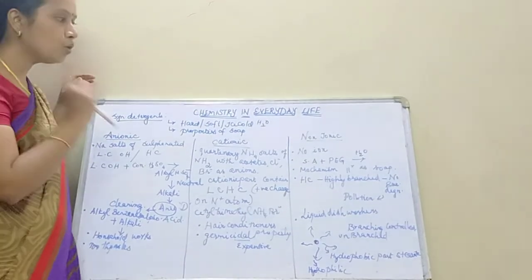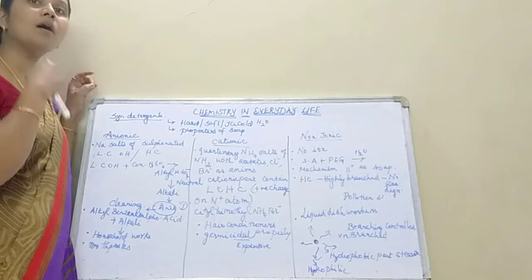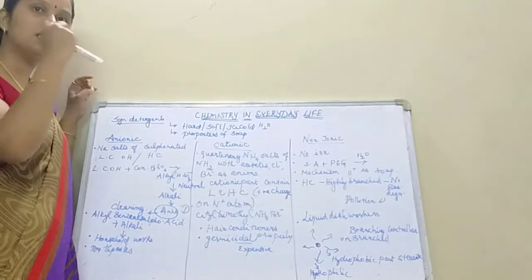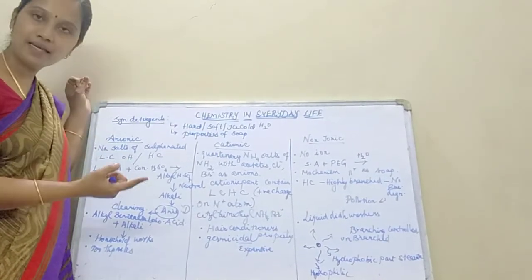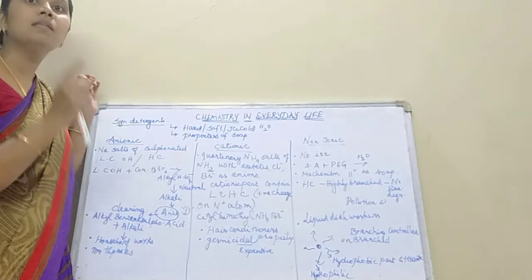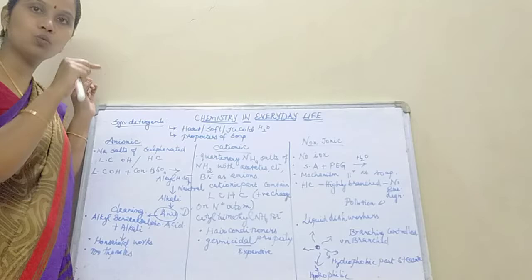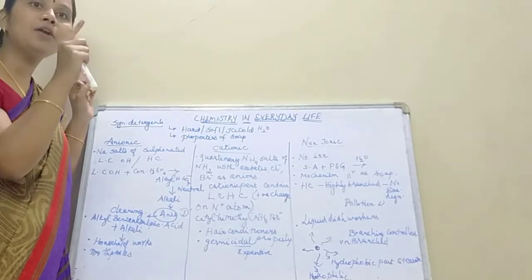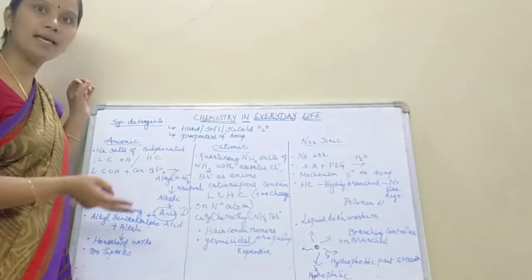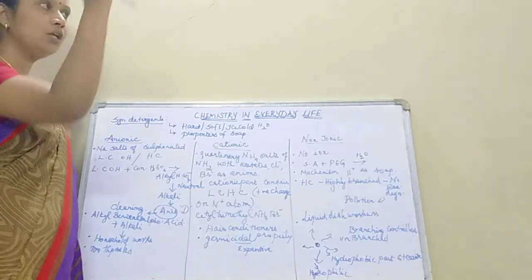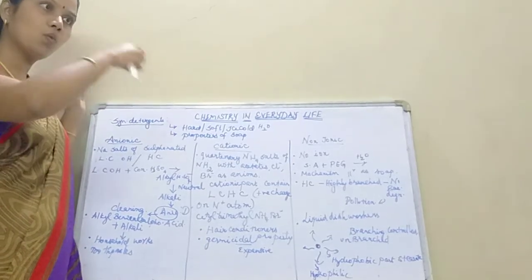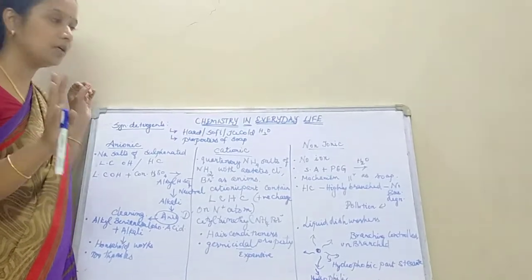So how are soaps acting? My soaps are acting to remove dirt by the formation of micelles. What are micelles? The hydrophobic portion of sodium stearate will be facing towards the oil droplet, while the hydrophilic part will be exposed to the exterior, which will be attracting your water molecules. As a result, my water molecules will be pulling away the dirt.